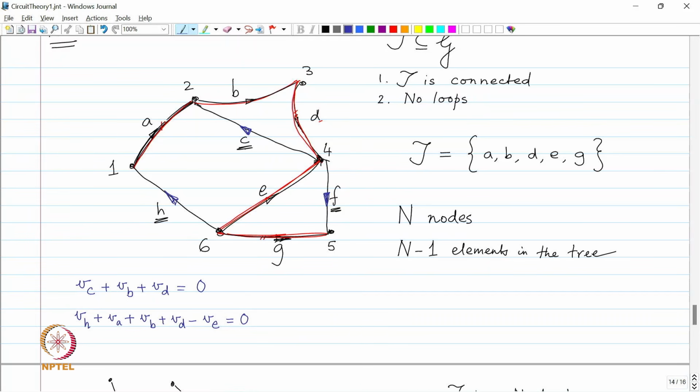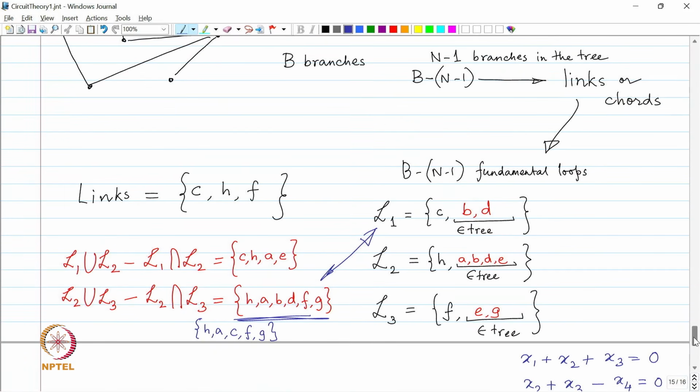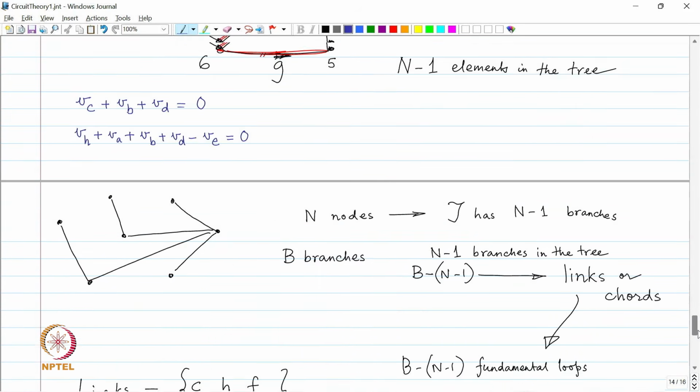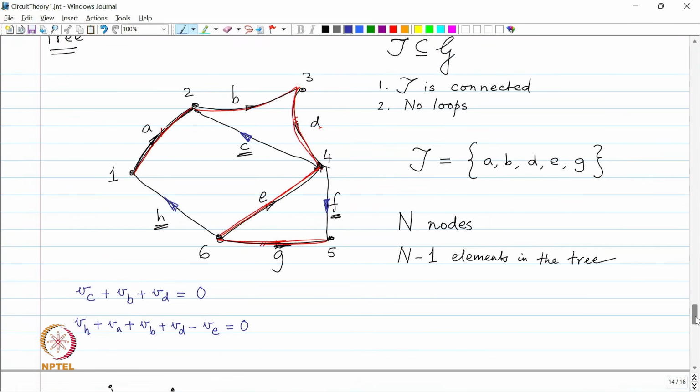All right. Now, the non-fundamental loop, what was it? L1 union L2 minus L1 intersection L2 was CHAE. What was that? That was VC minus VA minus VH plus VE is equal to 0.